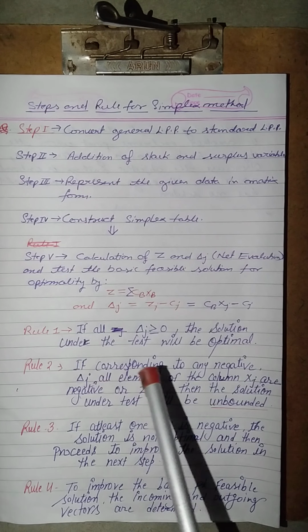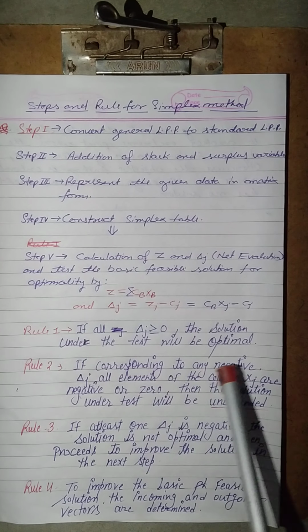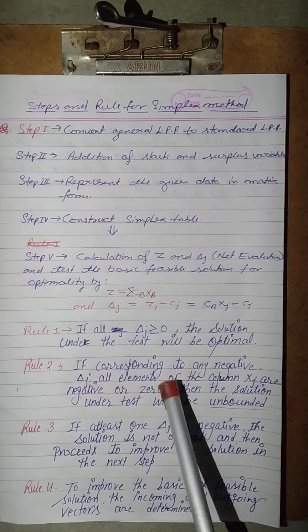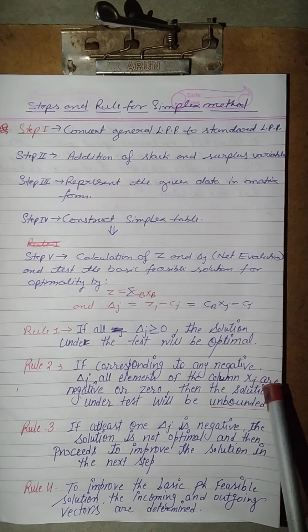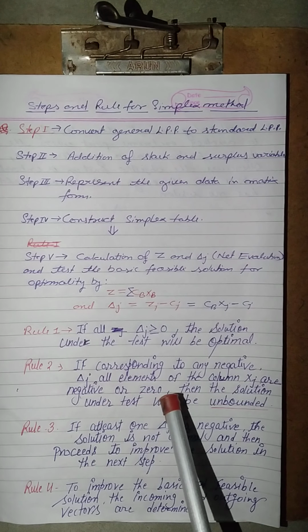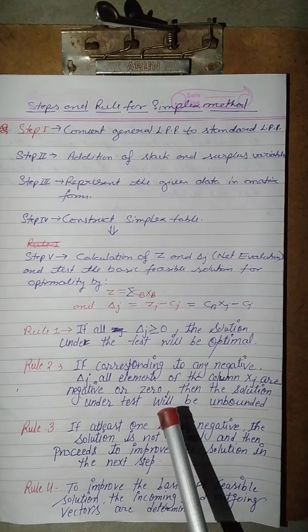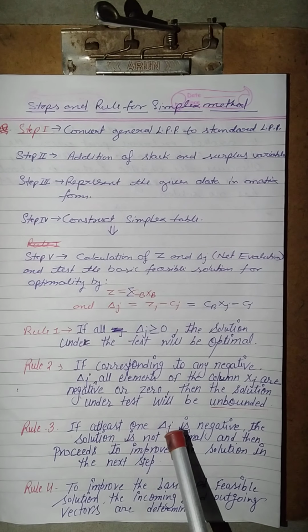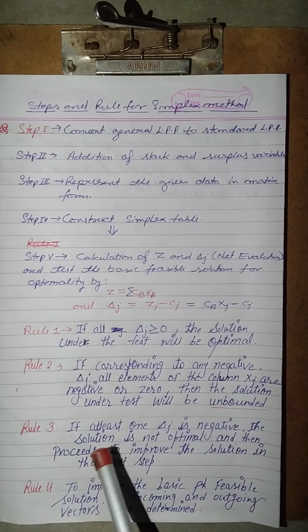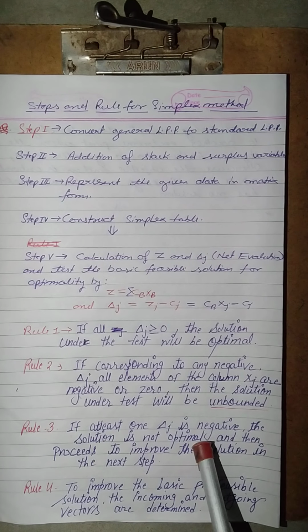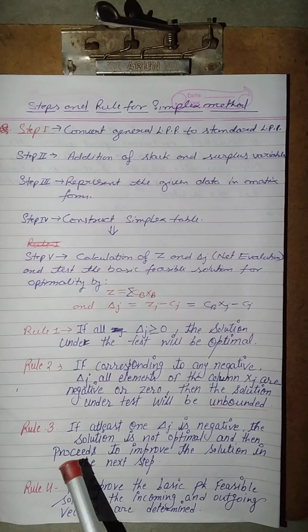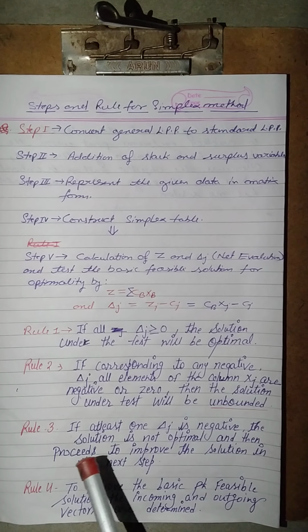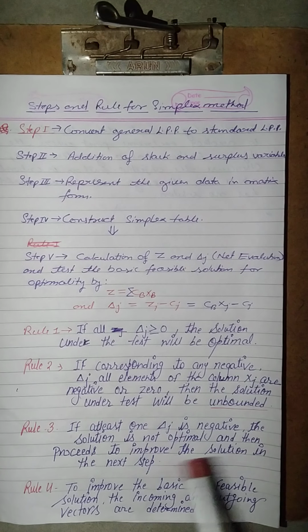If corresponding to any negative delta j, all elements of the column xj are negative or 0, then the solution under the test will be unbounded. If at least one delta j is negative, the solution is not optimal, and we proceed to improve the solution in the next step.